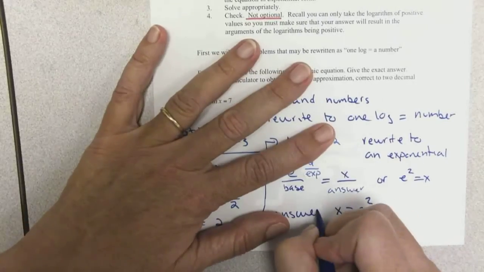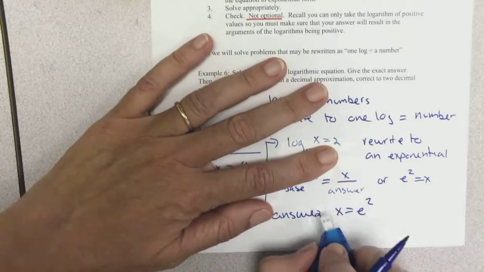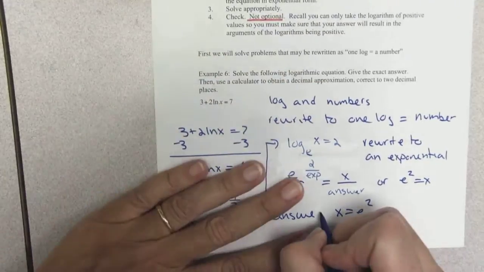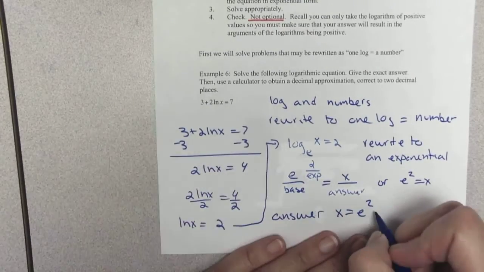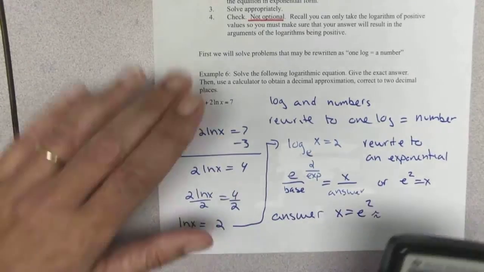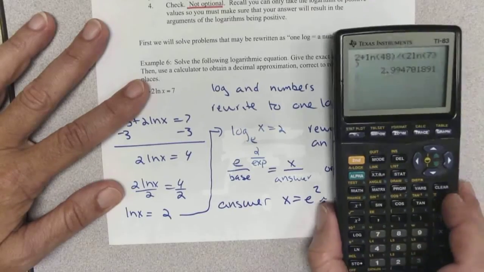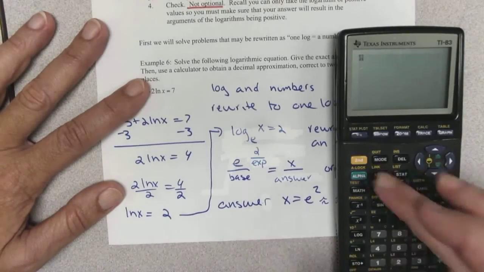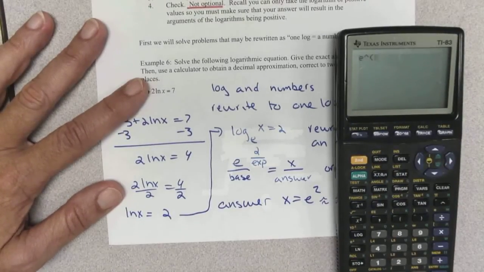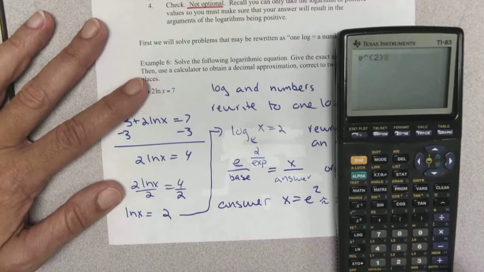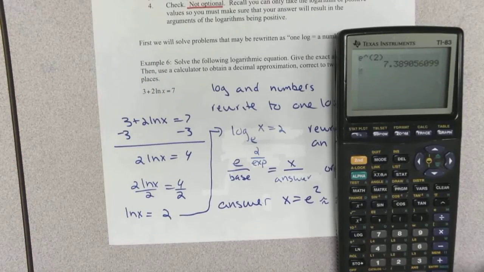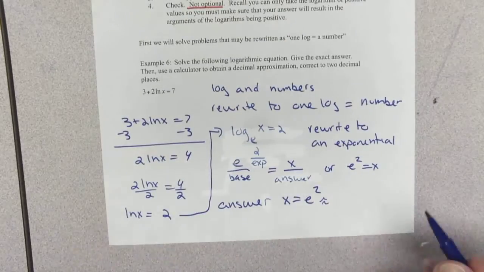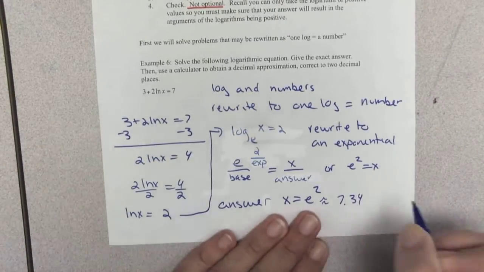E is a number, and so that's a perfectly good answer. And then if I need a decimal approximation, just go to the calculator, clear, second, natural log, gives me that e, and I wanted to square it. 7.34, because it said to 2 decimal places, 7.34.